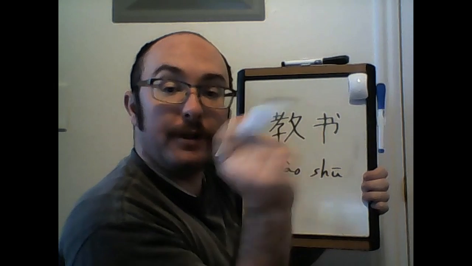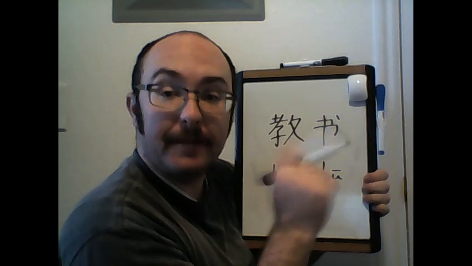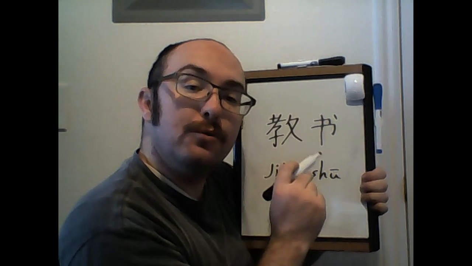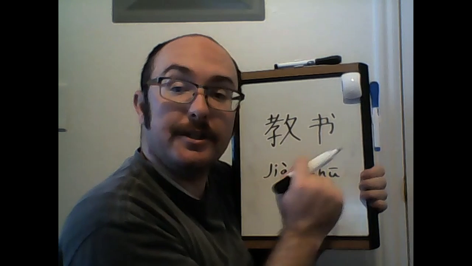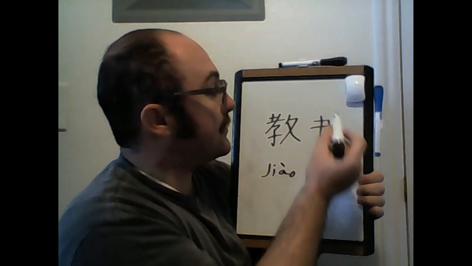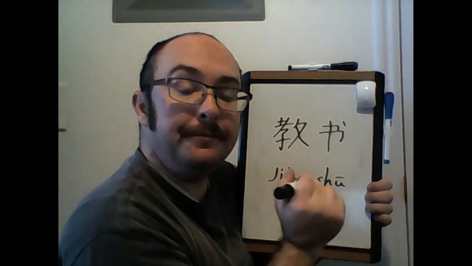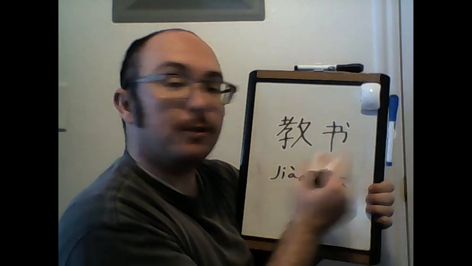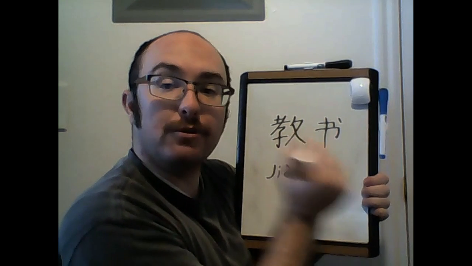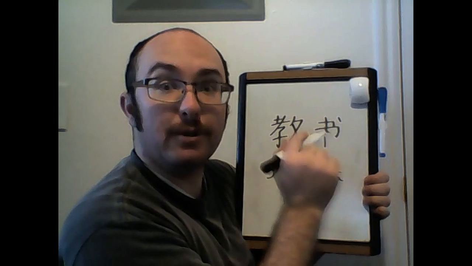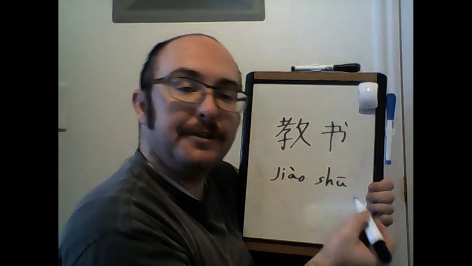So 我教你们中文. I'm teaching you Chinese. 教书 is just to teach in general. This is kind of the default object for 教. 老师教书. Teachers teach.